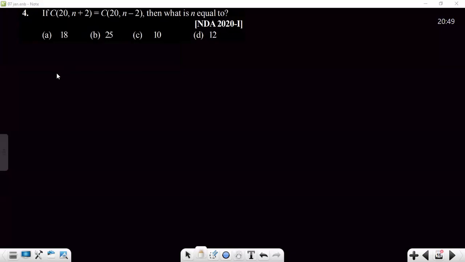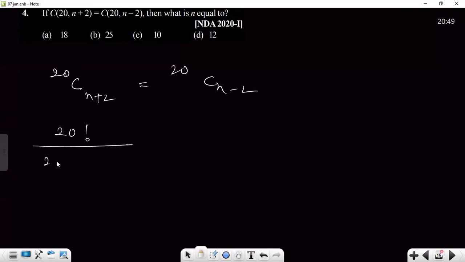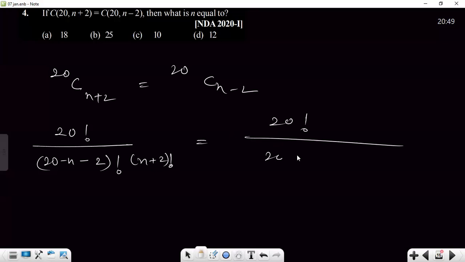Okay, so the question is given like this: 20C(n plus 2) is equal to 20C(n minus 2). We have to solve for the single variable present in the equation. That is going to be very easy for us, but the calculations are going to be a little tricky. Applying the formula, 20 factorial divided by (20 minus (n minus 2)) factorial into (n plus 2) factorial is equal to 20 factorial upon (20 minus (n plus 2)) factorial into (n minus 2) factorial. 20 cancels 20.